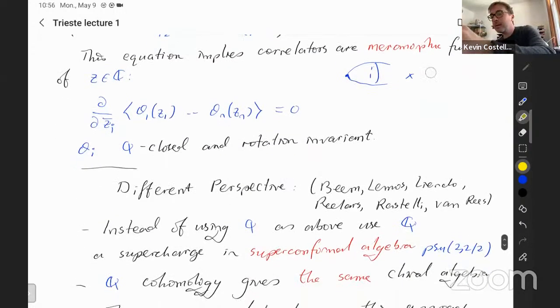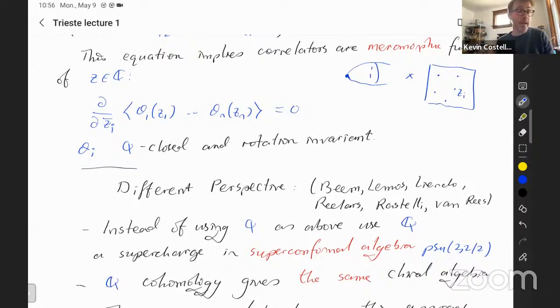if I take things which are at the tip of the cigar and at other points v_i in the plane, then the z-bar derivative of the correlation functions vanishes, as long as the operators I'm inserting are Q-closed and rotation invariant.